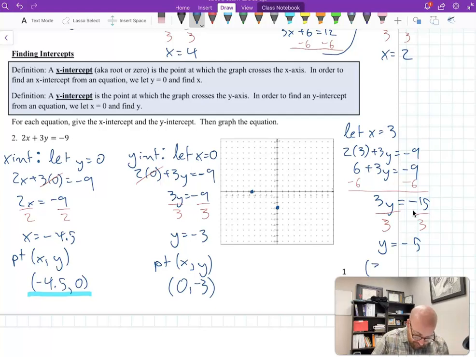So the point that we have is 3, negative 5. If we plot that point right there, that's enough to convince me that I have the correct x- and y-intercepts. I've plotted a third point. Everything's in line. That's enough to convince me that I indeed have the correct points to graph this equation.